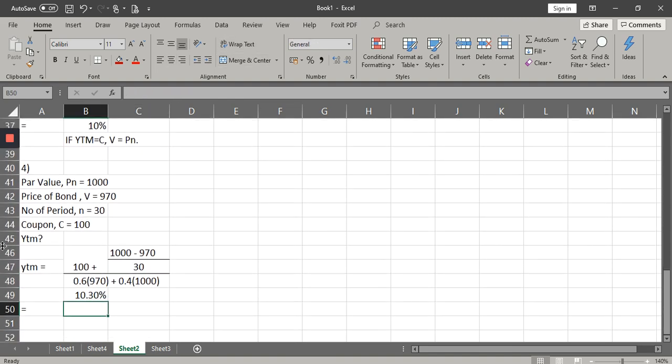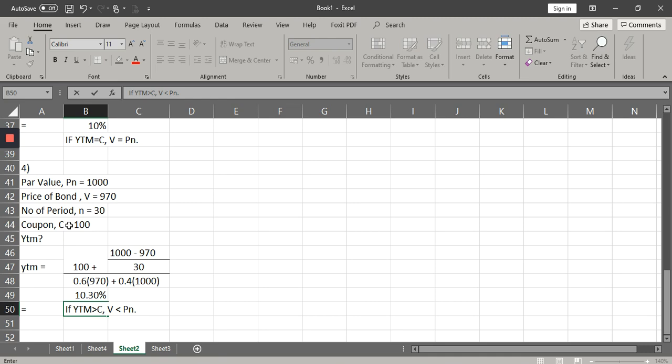Alright, so what about this one? Can you guess? Your yield to maturity is 10.3, your coupon is 10, therefore higher than the coupon. So how is your bond price? Your bond price will be lower than your par value.